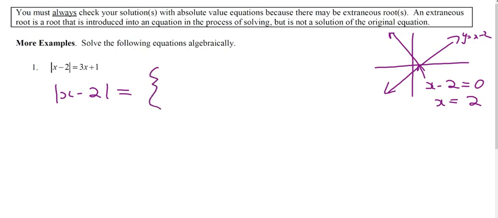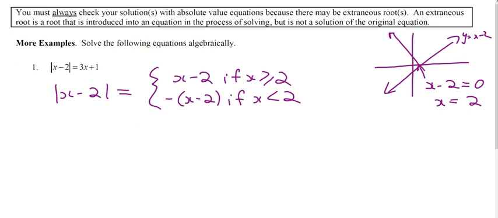So that's equal to, okay, 2 cases. It just is what it is if x is greater than or equal to 2. Otherwise, it's the negative of x minus 2 if x is less than 2.